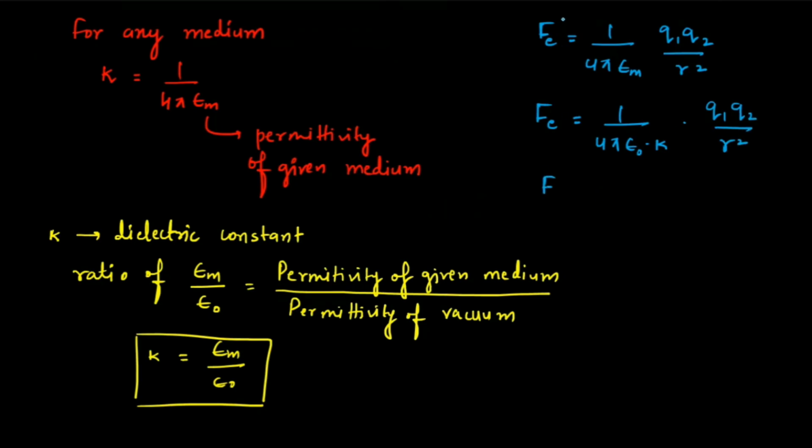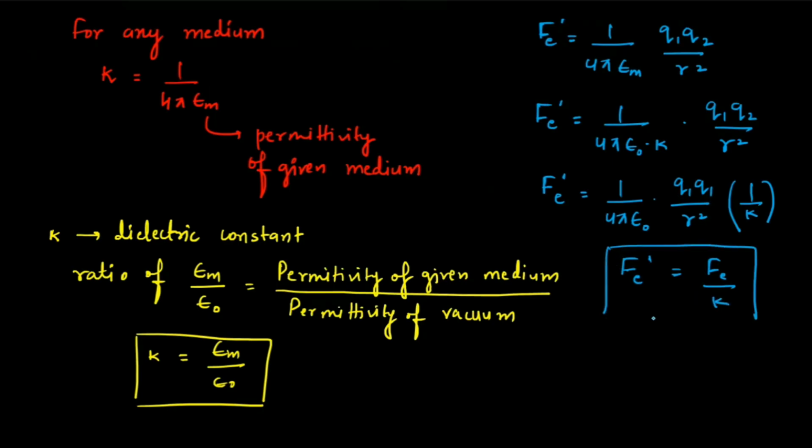Let me represent the electrostatic force in this particular medium using F dash. If you observe its value, it is 1 by 4 pi epsilon naught times q1 q2 by r square, divided by K. So ultimately, this F dash will become Fe by K. If for any other medium we have to find the force, we just need to divide the force acting between the charges in vacuum by the value of the dielectric constant.